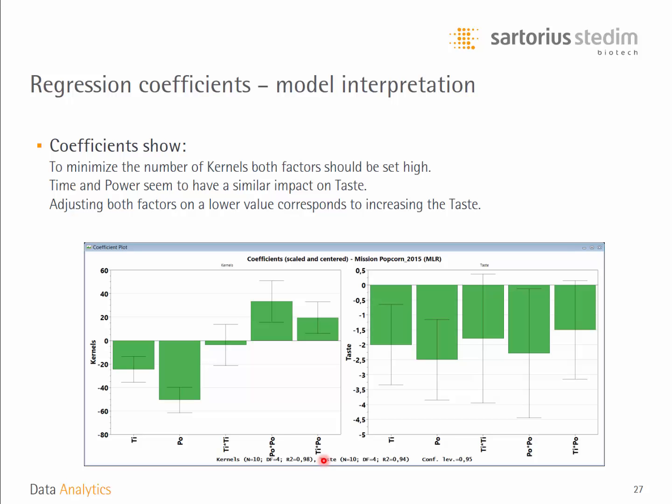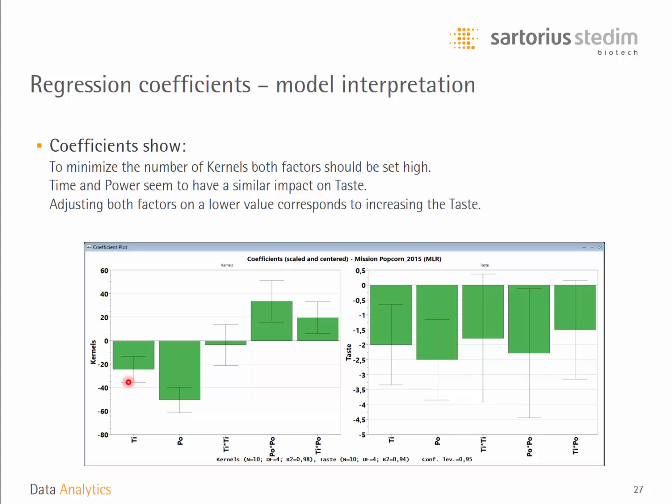What we have done in the data analysis phase is to ascribe numbers to these terms, calculating the coefficients and their uncertainties. The error bars correspond to 95% confidence intervals.